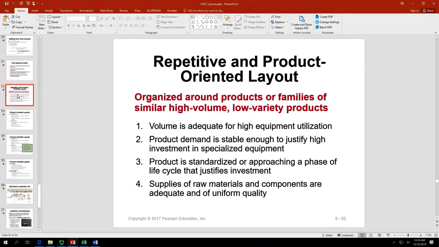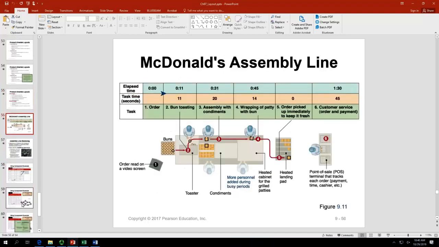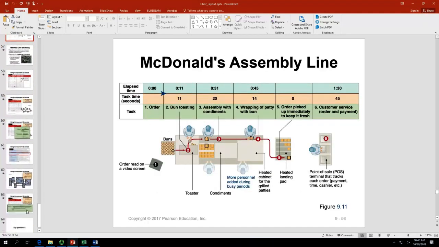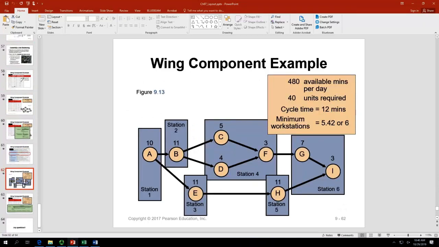Next time we will continue and start with repetitive and product-oriented layout and give an example to show how it works for the layout strategy.